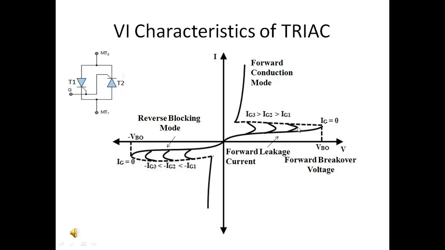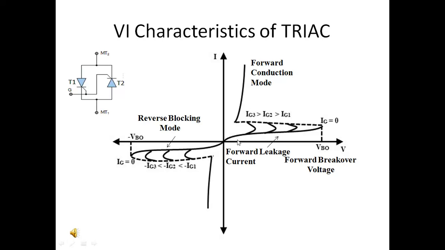And again in IG2 you have increased, again it is reduced. IG3 it is increased, again the forward voltage decreases. So with respect to this, whenever IG3 is greater than IG2, which is greater than IG1, we can say that the forward voltage decreases with respect to the increase in current.